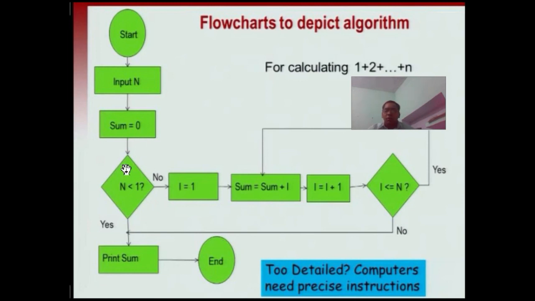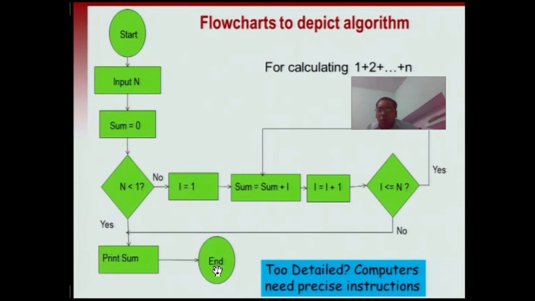This is the finite number of instructions that I was talking about. There are certain conventions in drawing flowcharts. The start and the end are often described in circles. So here we can see that start is given in a circle, and the end of the flowchart is also a round shaped circle.